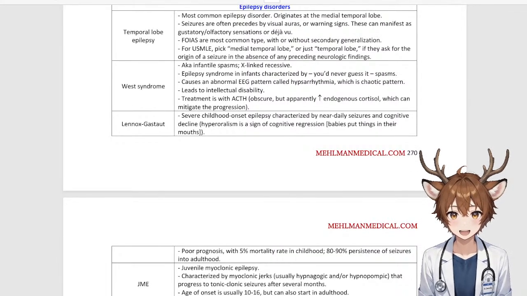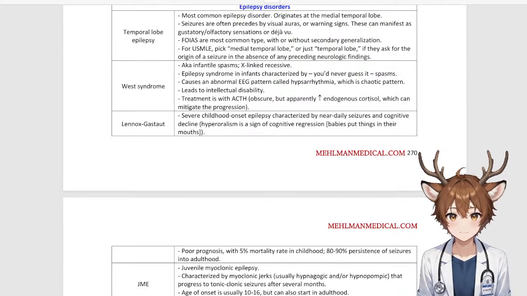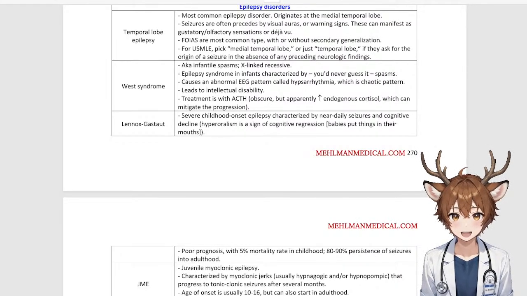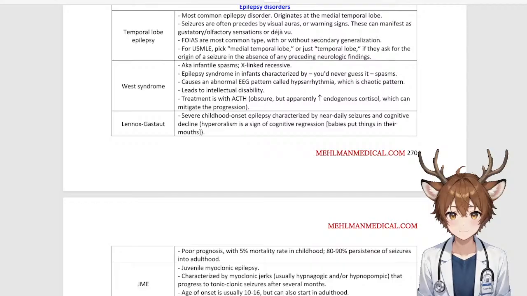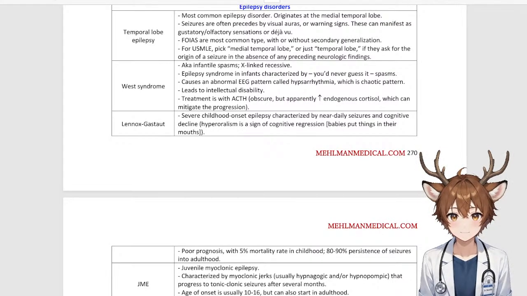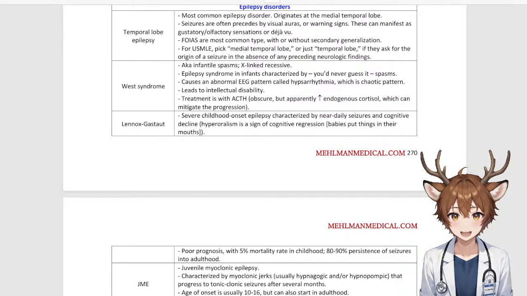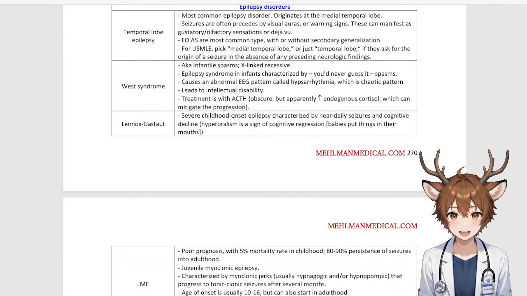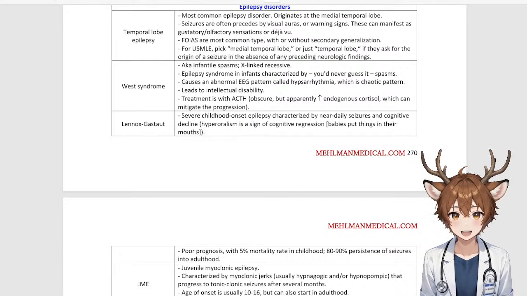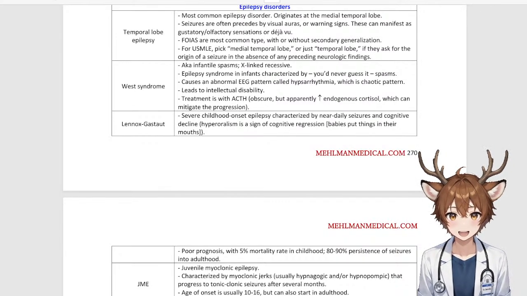The hypnagogic, I don't know. What does gogic mean technically? Let me look it up. Hypnagogic comes from the French hypnagogique, combining the Greek words hypnos, sleep, and agogos, leading or inducing.